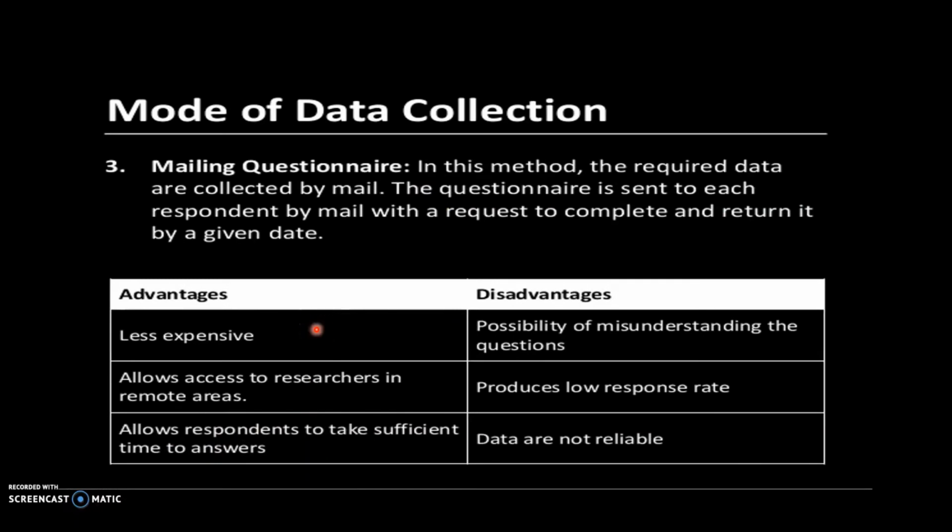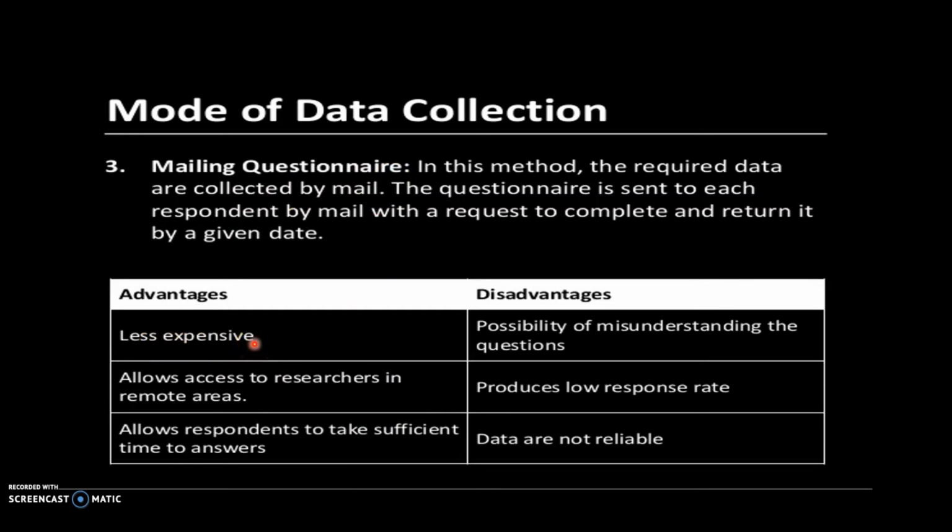The third method of data collection is mailing questionnaire. In this method, the required data are collected by mail. The questionnaire is sent to each respondent by mail with a request to complete and return it by a given date. Then what are the advantages and disadvantages of this mailing questionnaire method? It is less expensive.